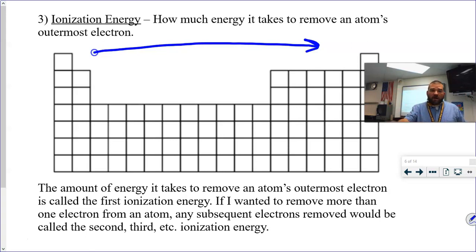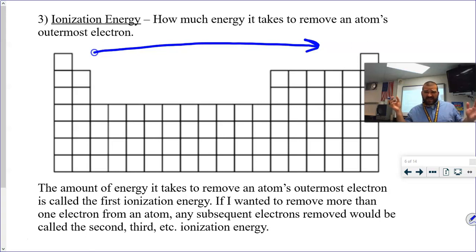Okay? Up and down a column. As you go down the column, the atoms get bigger. The effective nuclear charge is kind of the same, right? We're calling that first column all 1+, but the atoms are getting larger and larger. So if I try to take away francium's valence electron, it's very far from its nucleus.